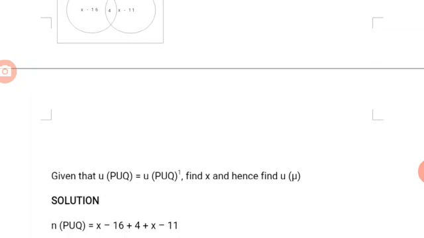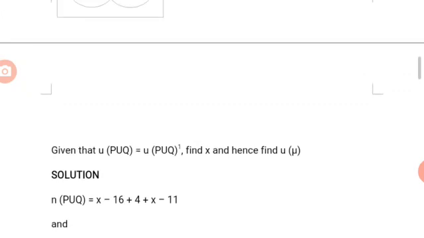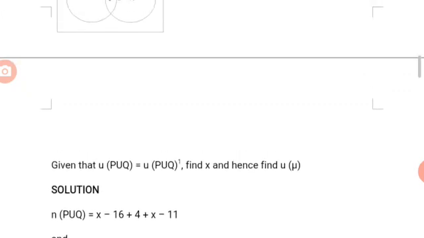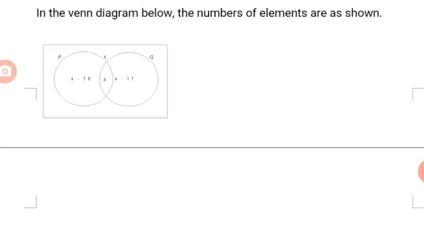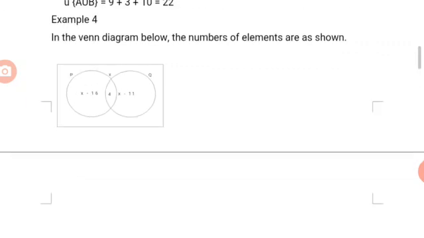Now, solution. P union Q is you add everything that is inside P or Q together. That is x minus 16 plus 4 plus x minus 11.